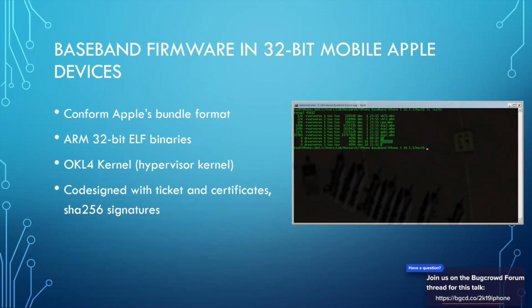In that baseband firmware, another zip file, you can find binary images with an info property list file, an XML file containing information about the images, like the bundle ID, which is just a reverse DNS string, and some version information, probably because Apple needs to know a little bit about what firmware version it has on the device.